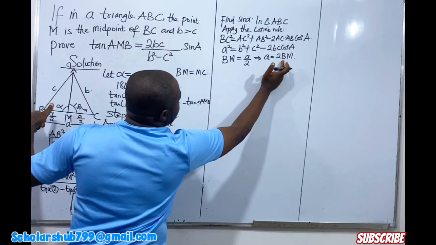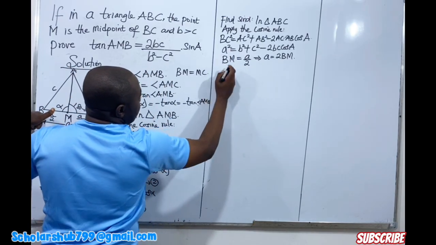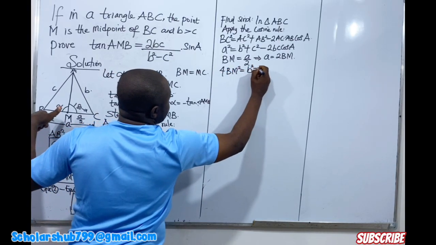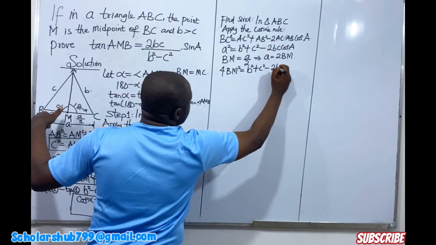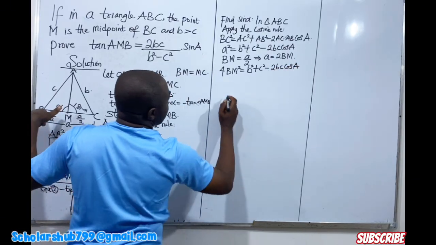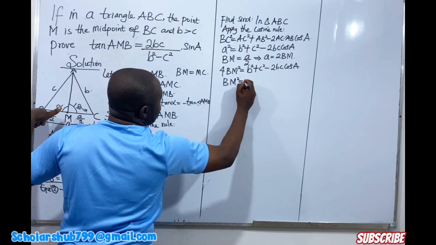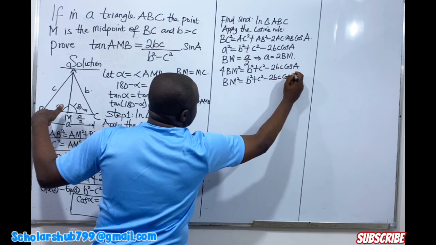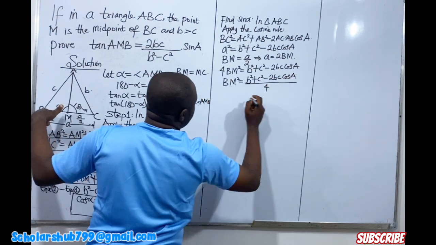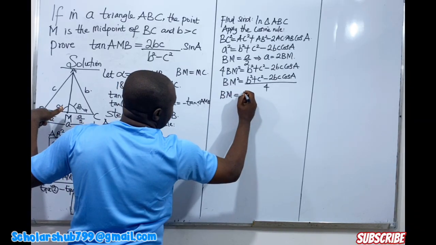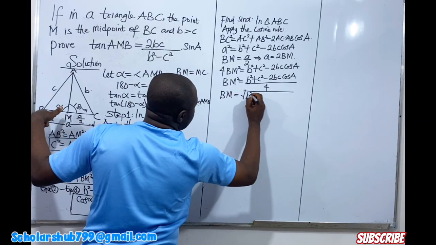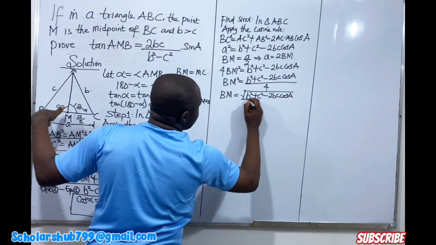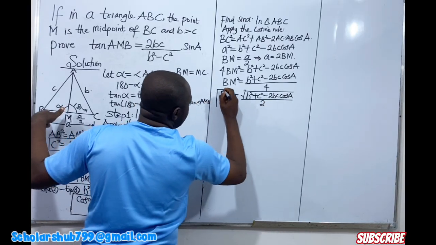So if I plug in BM into this, I'm going to get 4BM squared equals b squared plus c squared minus 2bc cos A. So BM squared will be b squared plus c squared minus 2bc cos A over 4. So for BM, we're going to have the square root of b squared plus c squared minus 2bc cos A, divided by 2. Let me also box this.